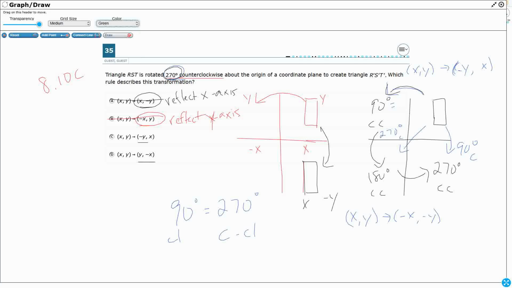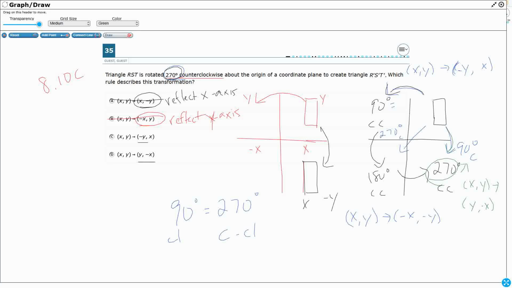If I'm doing this 270 degrees counterclockwise, which is the same as 90 degrees clockwise, we're going to do the same thing. We take our X and our Y and flip them. They become Y and X. Now, the second variable becomes negative. The way I remember that is because this is the way a second hand moves on a clock: clockwise.